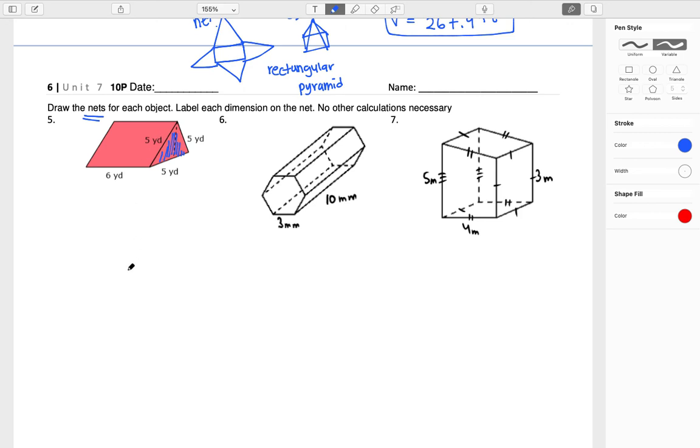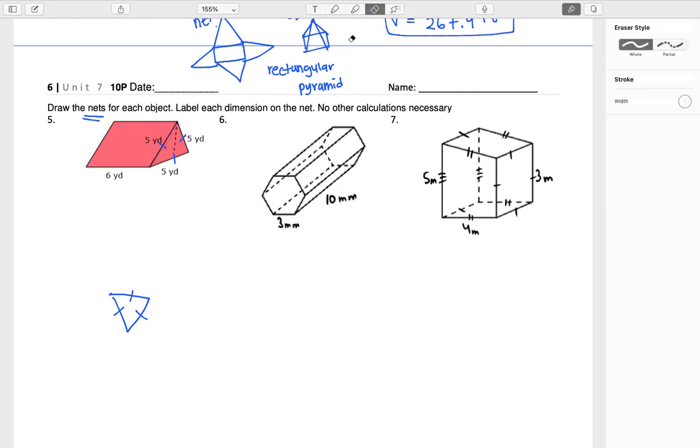So therefore, if I have a base of a triangle, I can draw it this way. And it looks like this is an equilateral triangle because we have 5 yard, 5 yard, and 5 yard. So it's going to look exactly the same. It's an equilateral triangle. And the side is a rectangle. It's 5 by 6. This is the side.